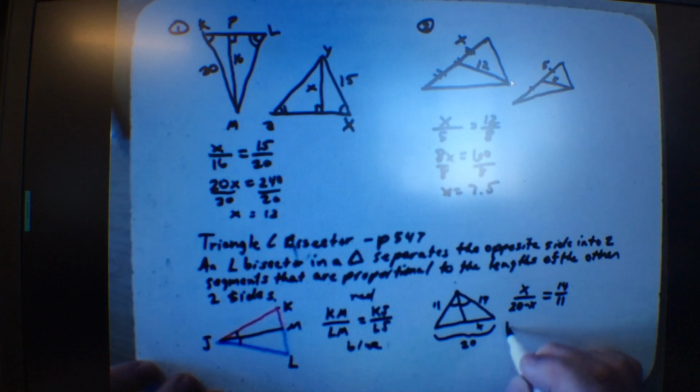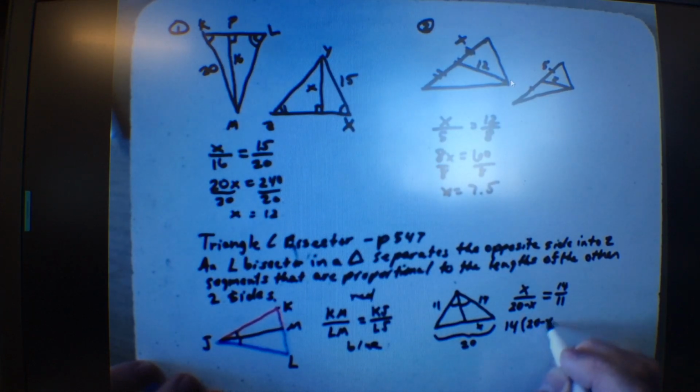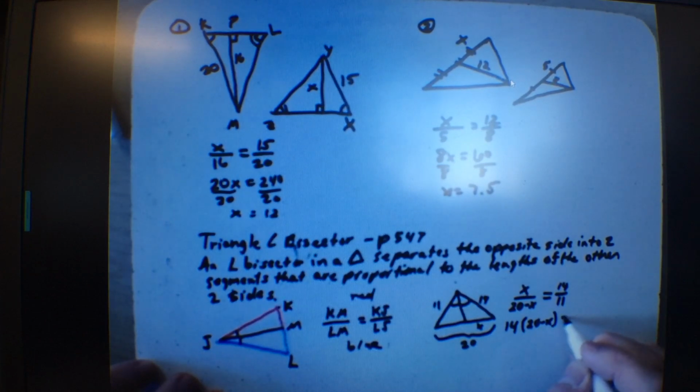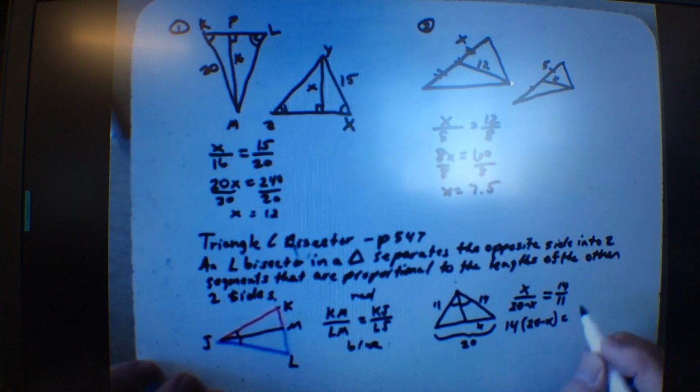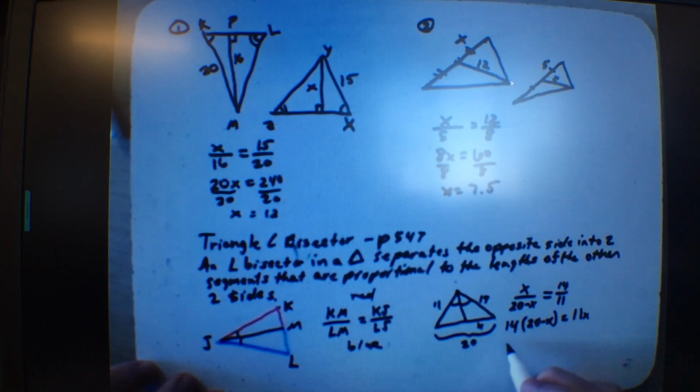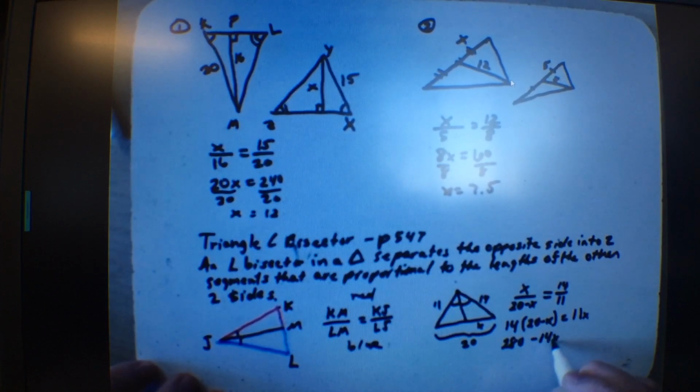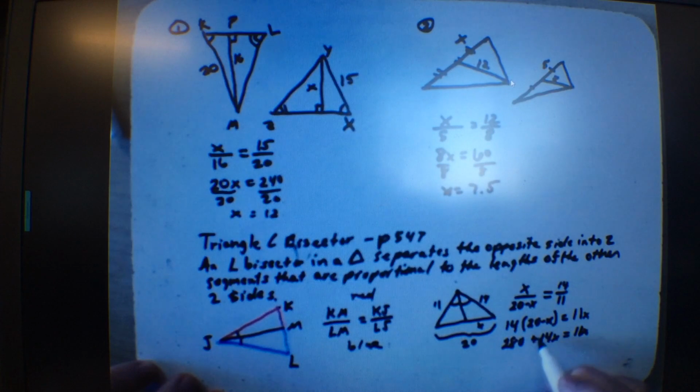So when I cross multiply, watch this, guys, you're going to multiply by the quantity 20 minus X. 14 times the quantity 20 minus X. Notice I have parentheses because I have to distribute that. Equals 11X. So when I distribute, what's 14 times 20? 280. Equal. All right. And now I'm going to subtract a negative 14x, which is the same as adding 14x. Is that correct?